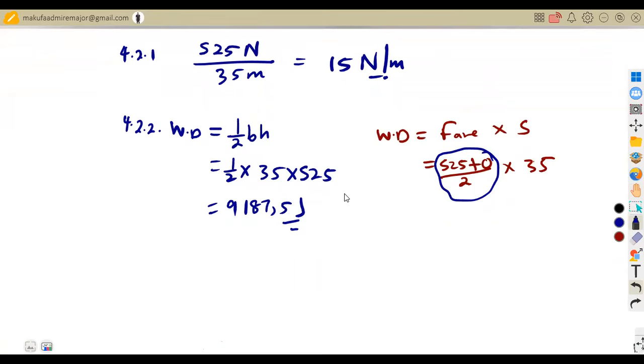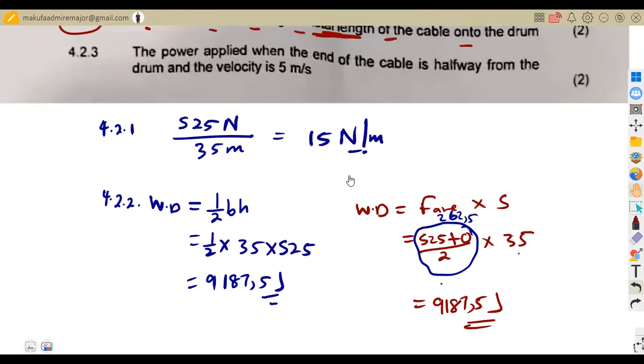This is the average force that is going to give us something like 262.5, something like that. But we are supposed to multiply now by the distance that we are given in this case. So this was going to give us the same answer of 9187.5 measured in what? In joules in this case. So that is how you can have our work done from this information.